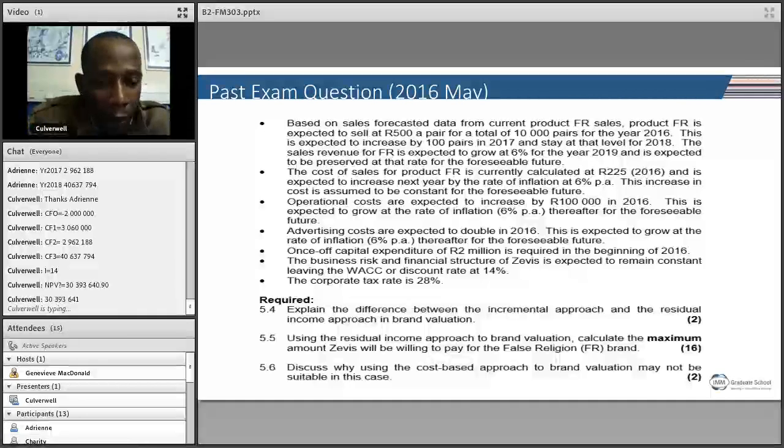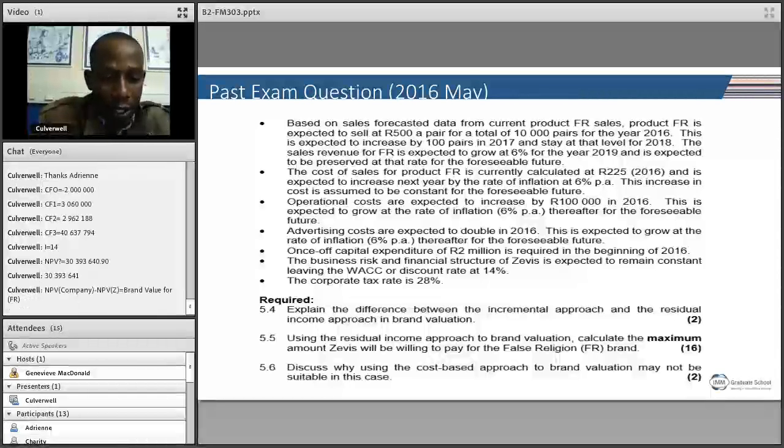So the value of brand FR is going to be the NPV for the entire company minus the NPV for Z.